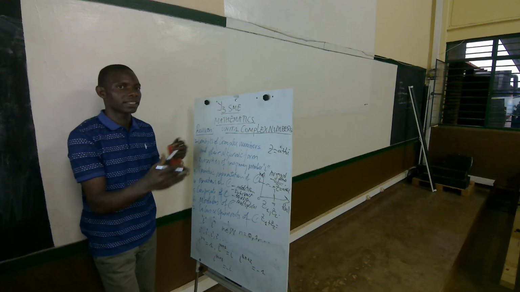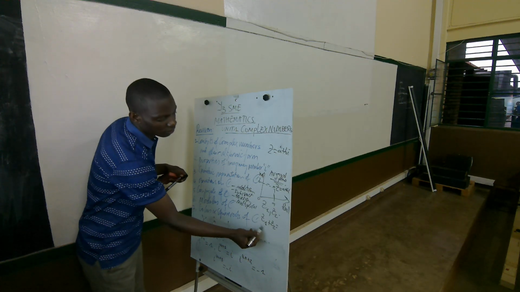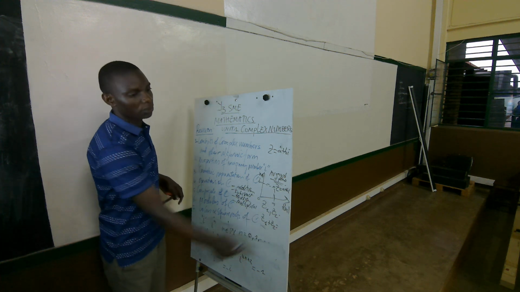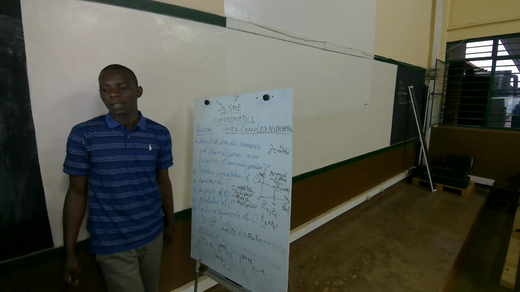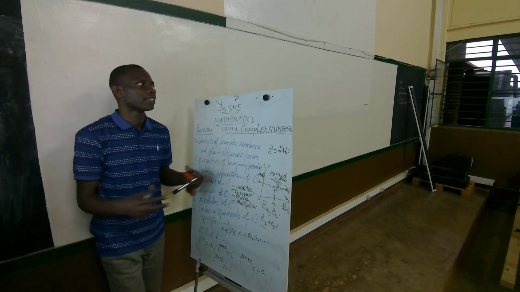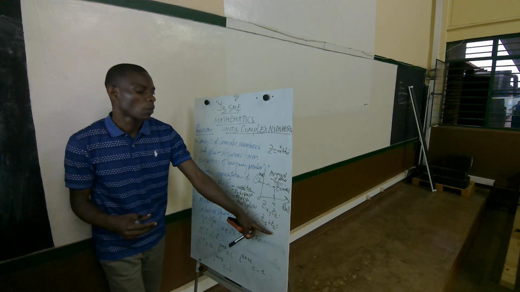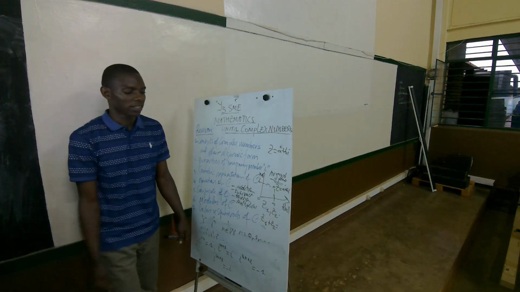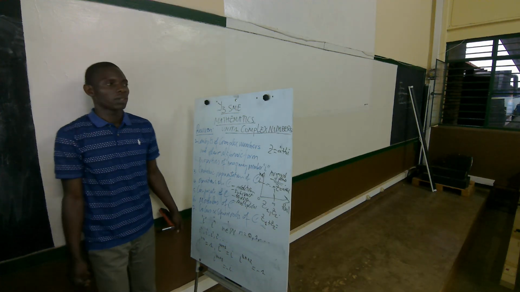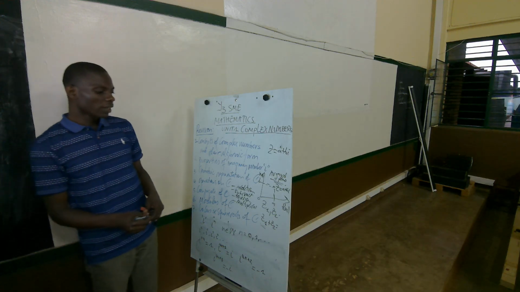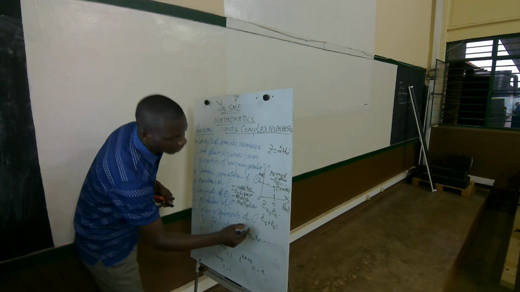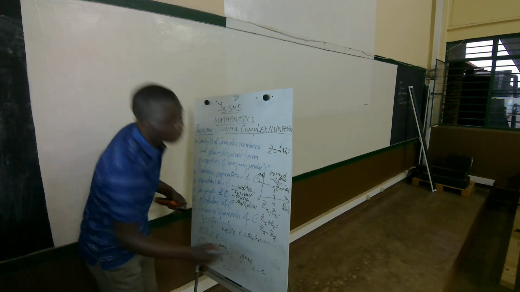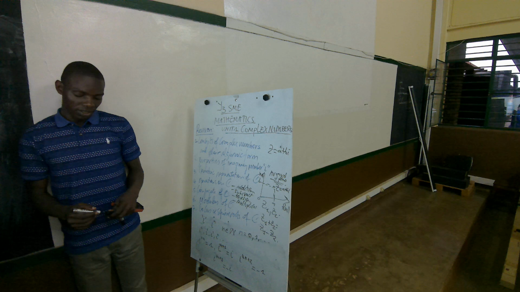We add the imaginary parts of the first complex number with the imaginary part of the other complex number, and also we add the corresponding real parts, the real part of this z1 and the real part of this z2. Not only addition, we also have subtraction, where you can subtract z2 from z1.